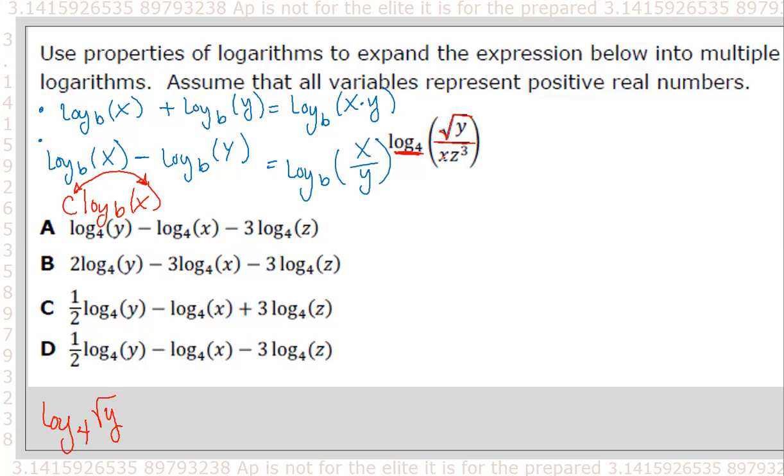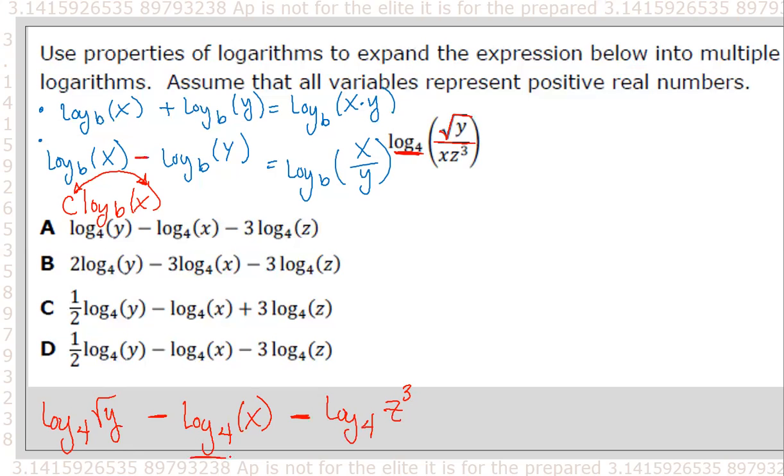Keep in mind the x is in the denominator, so according to this, it is division. If there's a fraction, it's going to be log base 4, and I'm going to keep my x. Keep in mind the z is also there, so it's going to be minus, again, log base 4 of z to the third. Now keep in mind we have exponents.